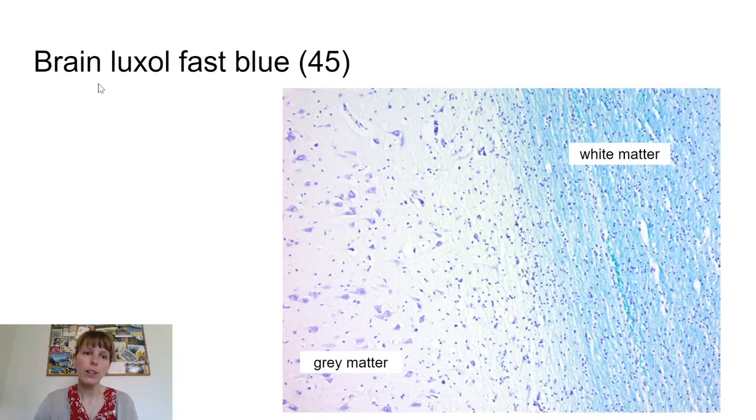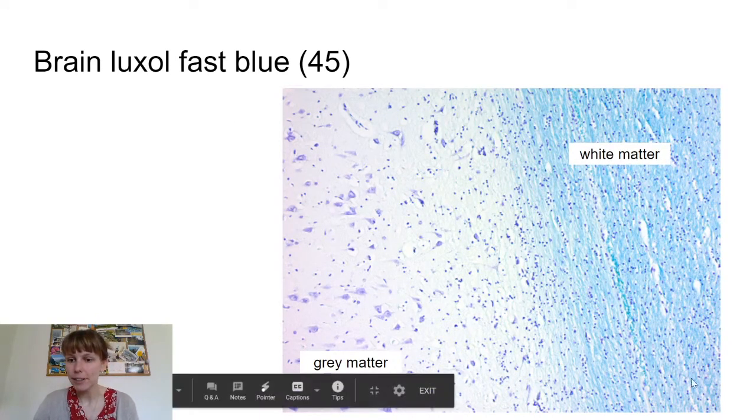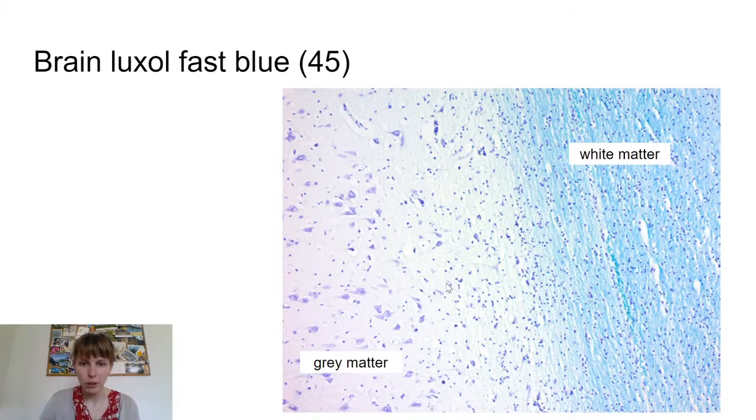So Luxol-Fast blue will be the staining where you can really nicely find the white matter, because it will be blue. And the gray matter, so in this picture you have both the Cresyl violet stain and the Luxol-Fast blue. So you can see the cells, the cytoplasm with the rough endoplasmic reticulum and the nuclei.